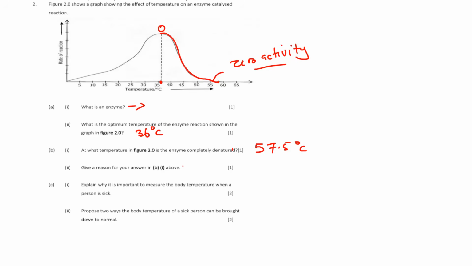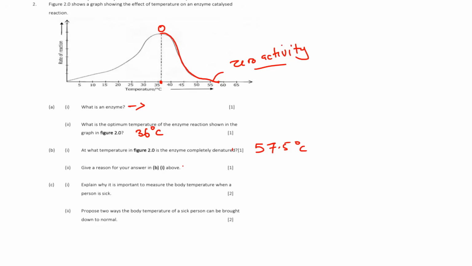Explain why it is important to measure the body temperature of the person when the person is sick. Okay, explain why. Now you should know that different conditions or different sicknesses show different body temperature changes.